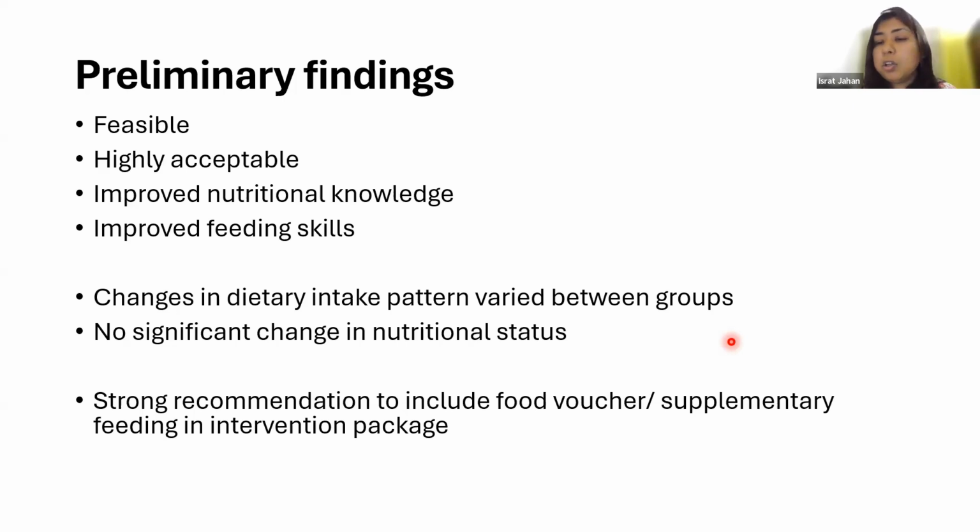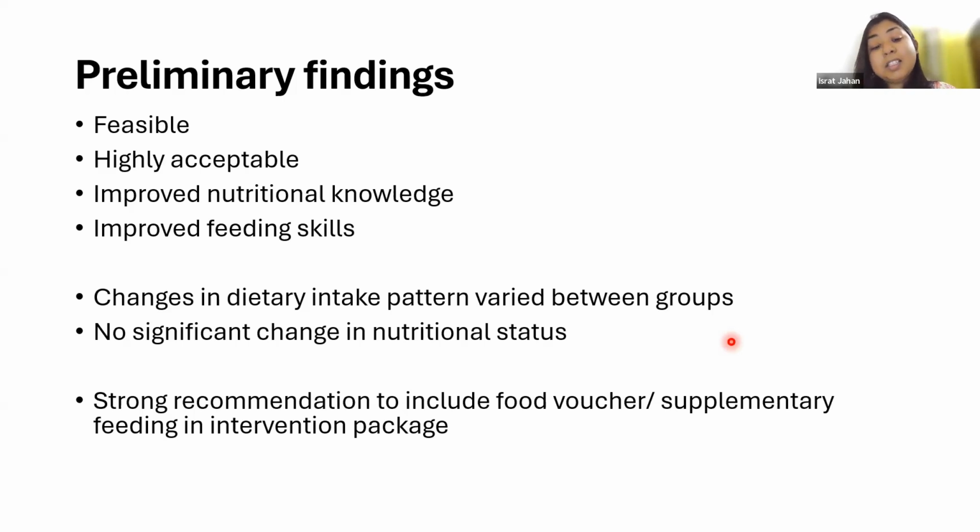Now, a very strong recommendation came from the families: we love this information, thank you so much for all these techniques and all this training, but how do we access these good foods? By good foods, they don't mean highly priced packaged foods. Even for many families in this pilot study, just getting 3 different food items would be challenging.